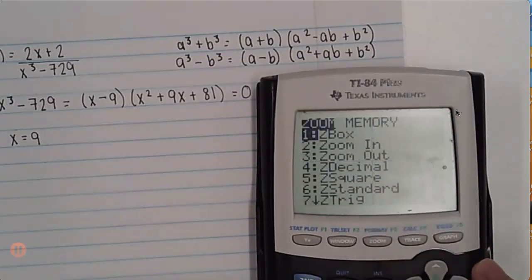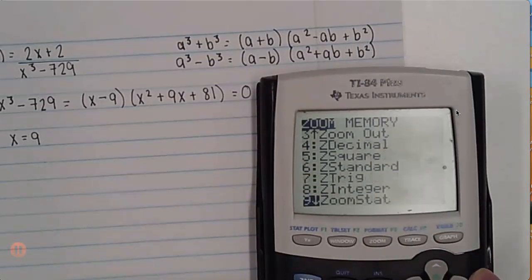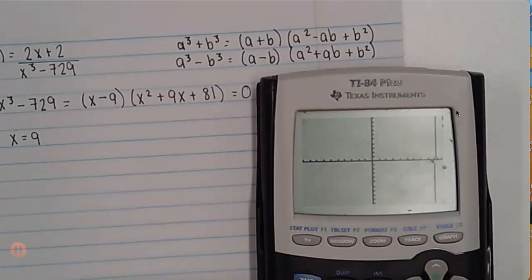Let's see here. Okay, so clearly there's a vertical asymptote at x equals 9. That appears to be the only one.